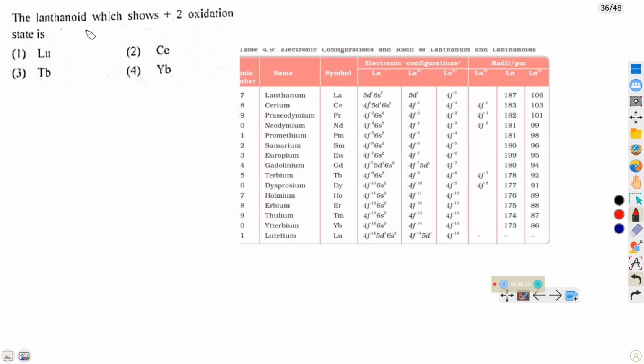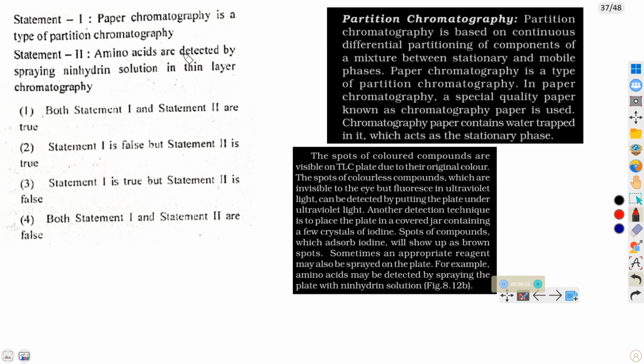The lanthanide which shows +2 oxidation state: ytterbium, because in +2 state it has 4f14 electronic configuration. Statement 1. Paper chromatography is a type of partition chromatography. Correct.